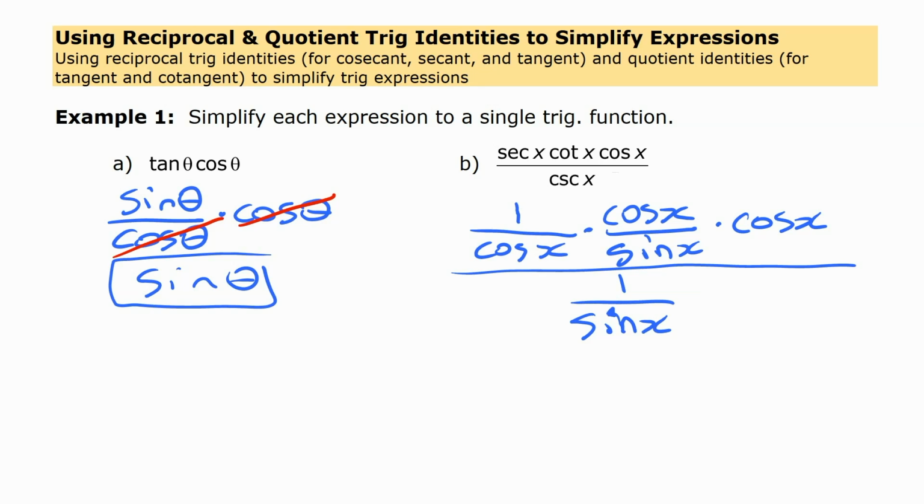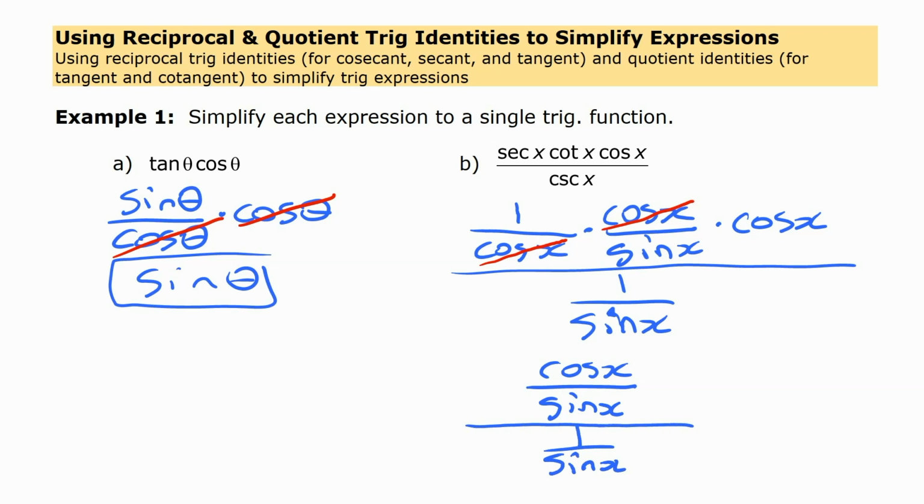We can see that this cosine and this cosine, since it's divide by cosine times by cosine, those may well cancel out. And then I'm going to rewrite the top here. I'm going to rewrite that as cosine x divided by sine x. And then I have that main division line, 1 over sine x.